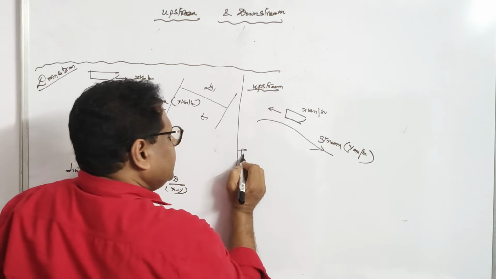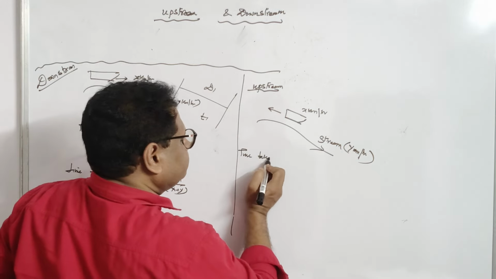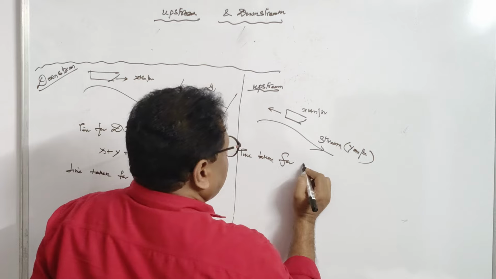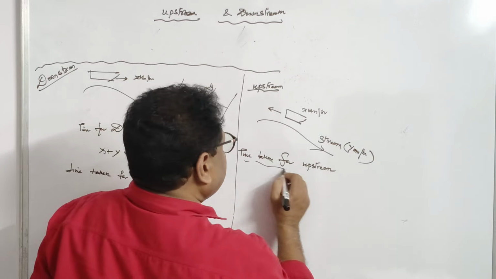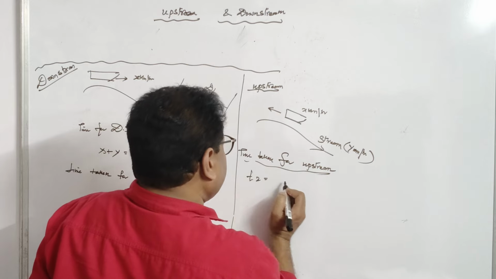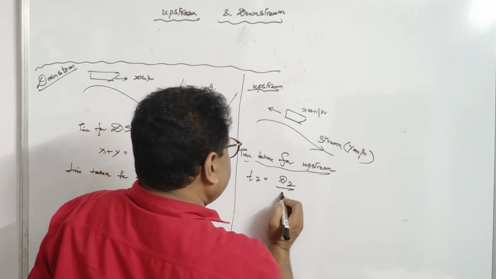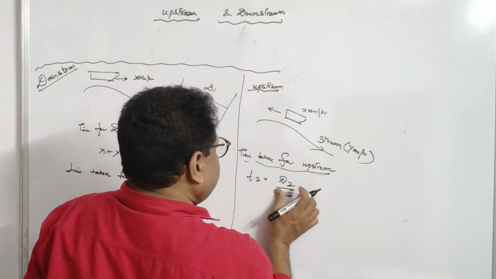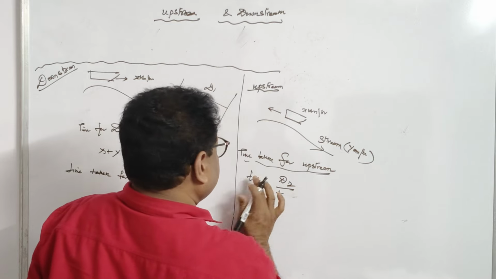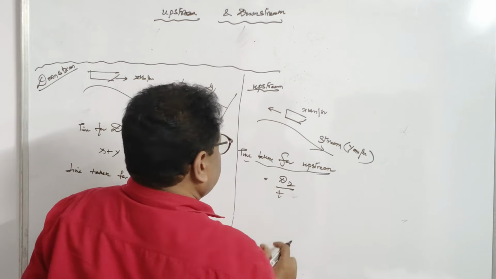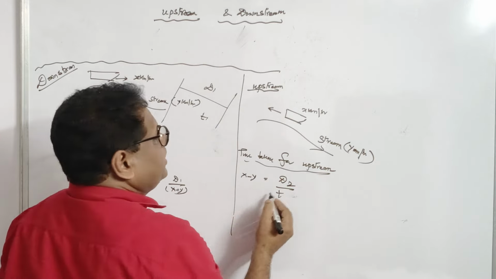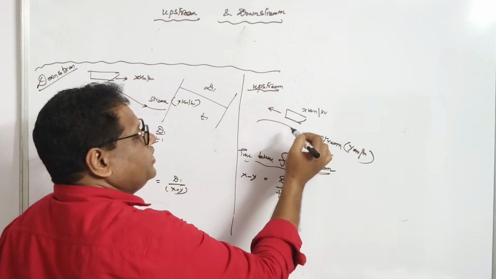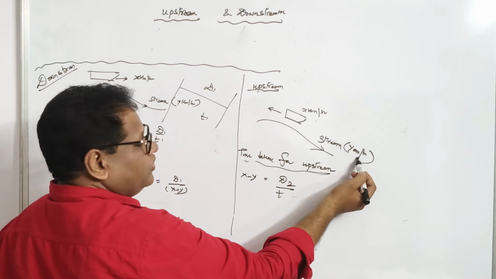Then the time taken for upstream is given by the formula t2 equals d2 by the speed. The speed with which the boat is moving is the difference of x and y, that is x minus y.